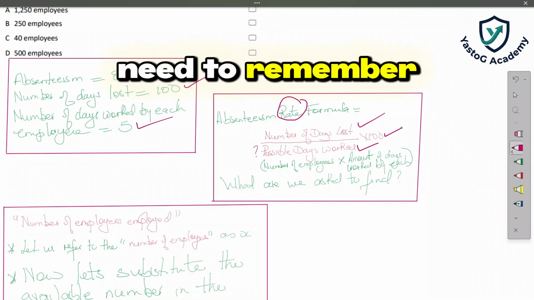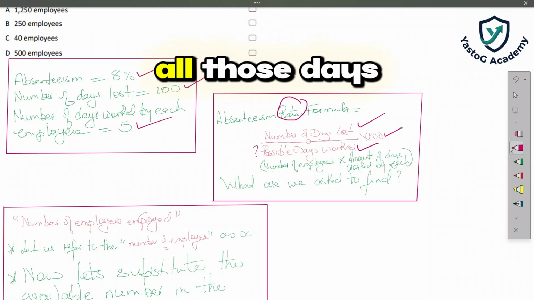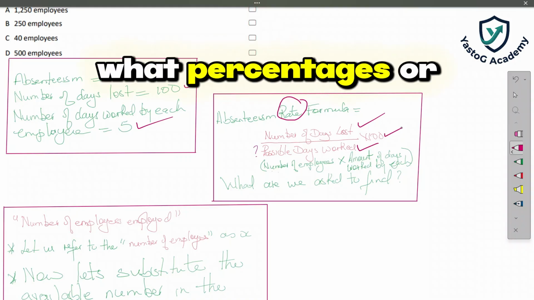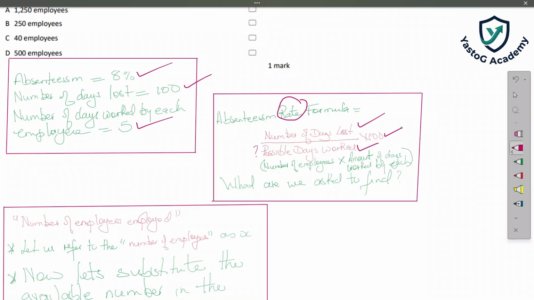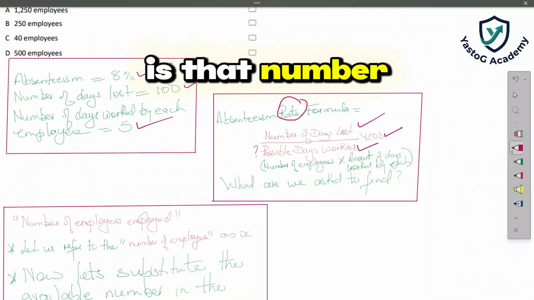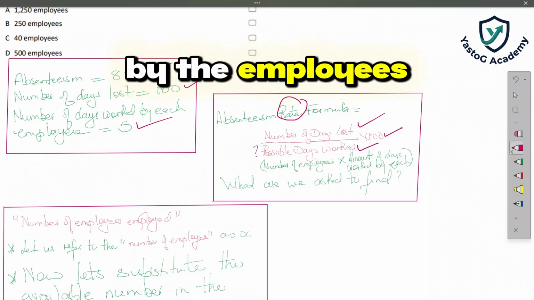The formula you need to remember is the number of days lost, and what percentage that is of all the possible days worked by the employees.